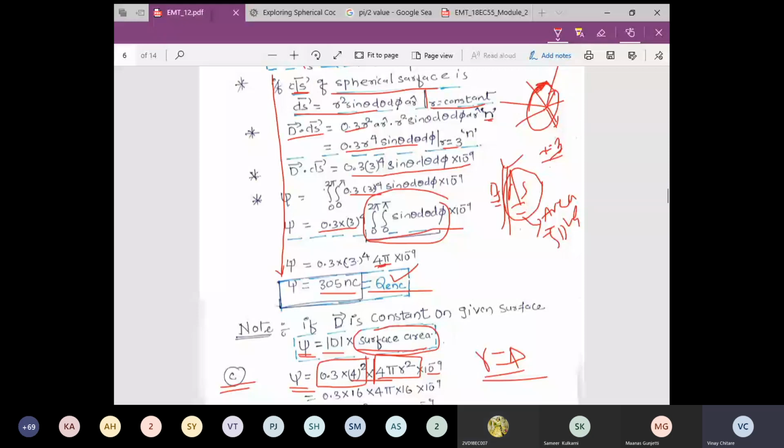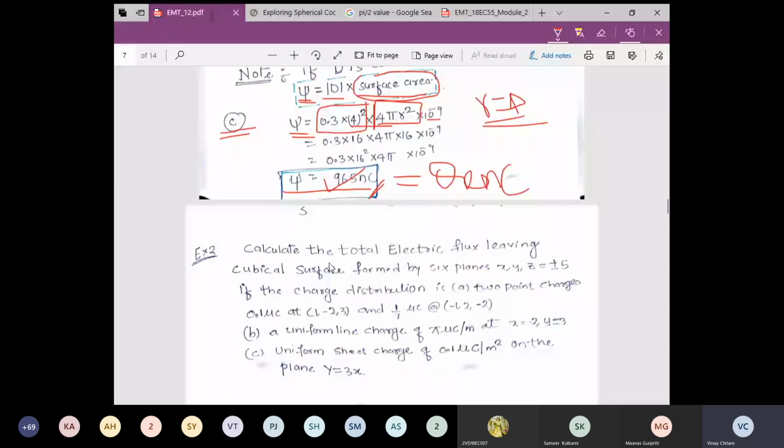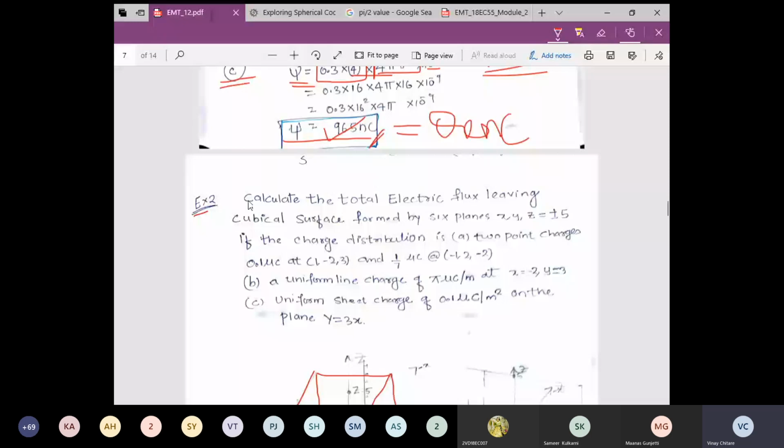So now let us continue with one more quite interesting problem. Calculate the total electric flux leaving the cubical surface formed by 6 planes x, y, z, where each of these x, y, z values is plus or minus 5.